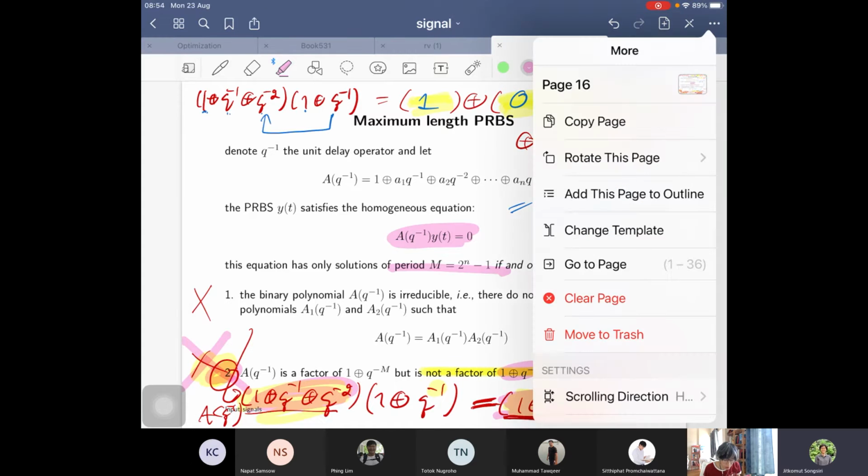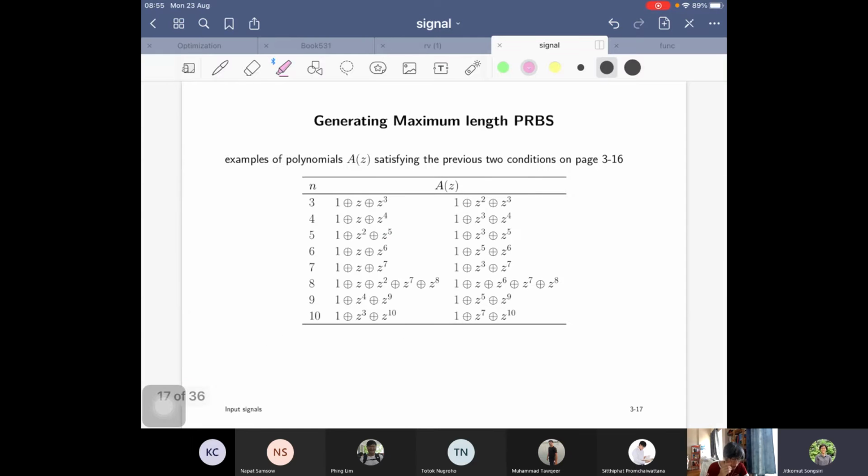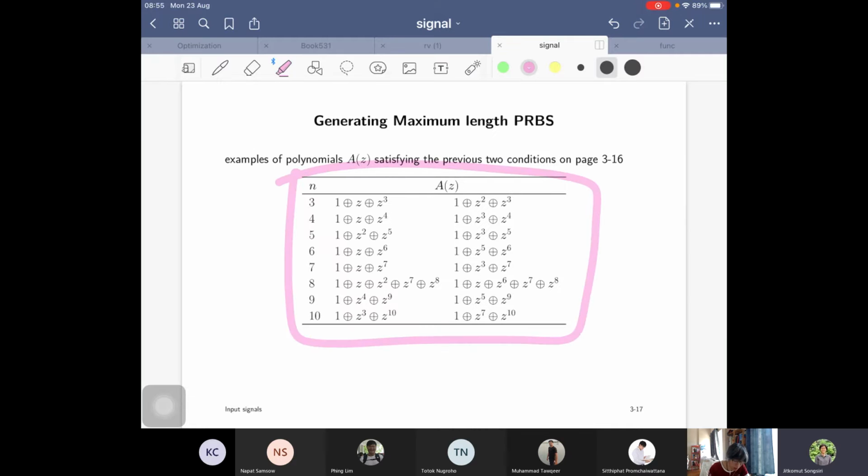Of course, we are more concerned with the maximum length PRBS. So the question would be: can you give me a polynomial A(Q) that satisfies these two conditions? We give you a list of polynomials A that satisfy the two conditions in this theorem, ranging from n equal 3 to n equal 10 states.